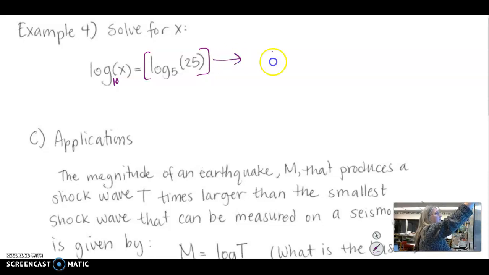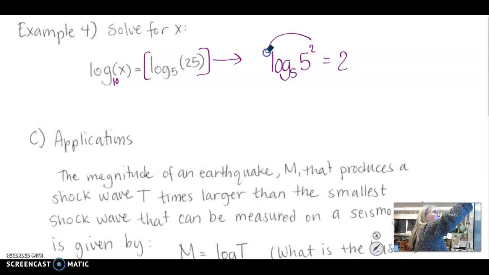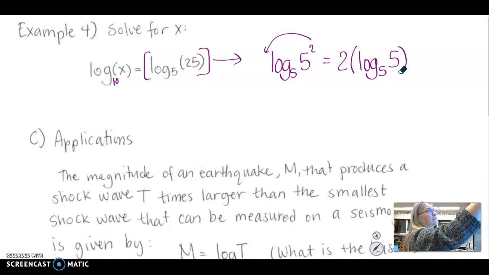I can rewrite the log of base 5 of 25. 25 is the same thing as 5 squared. And I can use my power property and bring this 2 down in front. 2 times the log of base 5 of 5 is what this is asking: 5 to what power equals 5, and that is 1. So log of base 5 of 25 is equal to 2 times 1, or just 2.